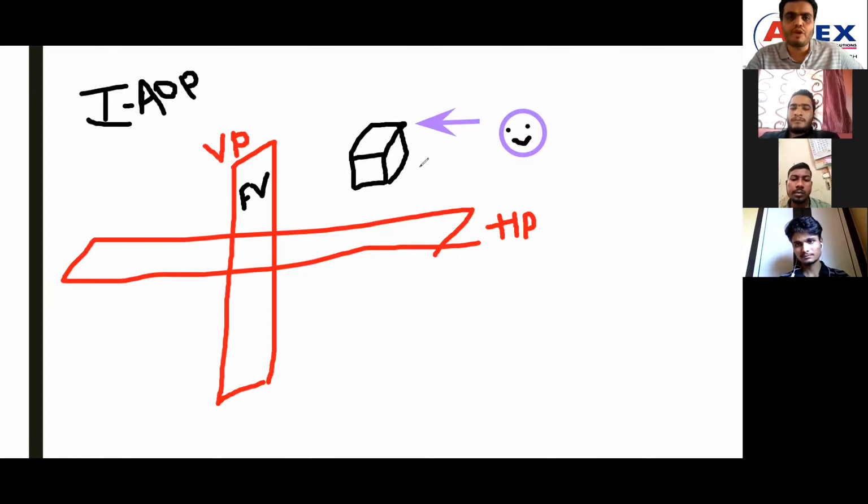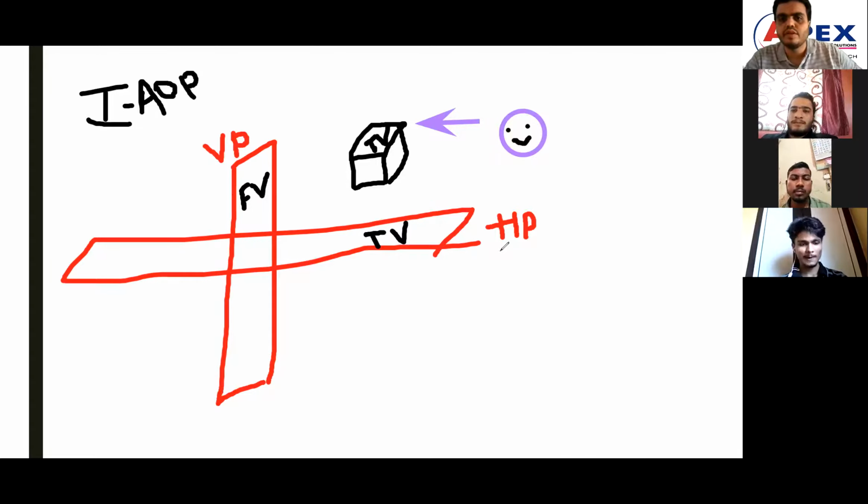So third point. Front view is projected on a vertical plane, and this is the top view, right? Top view I am going to project here. So the observer can observe the front view, right? If we try to observe this top view in an inclined position, it is very difficult. Can you agree?